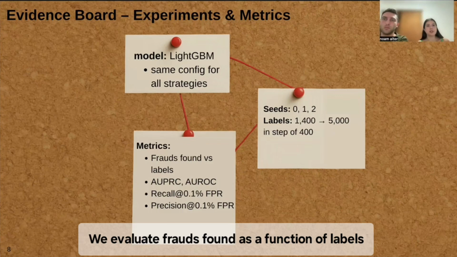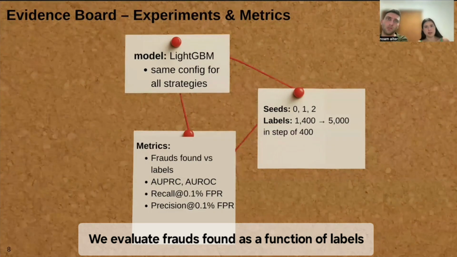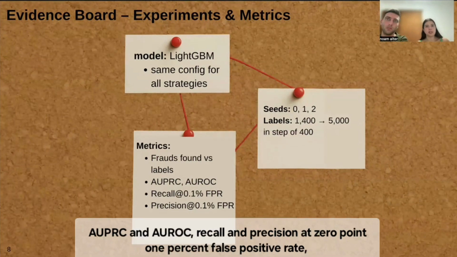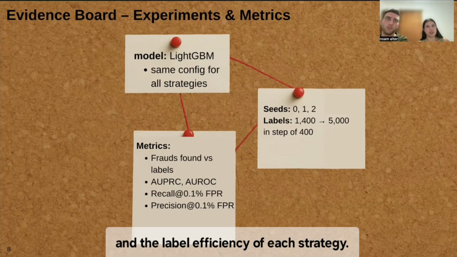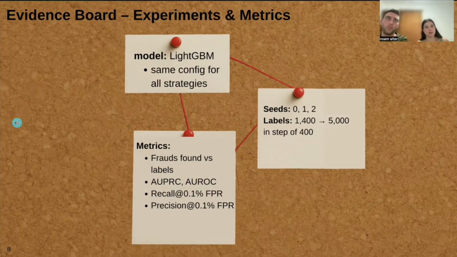We evaluate our detectives with fraud found as a function of labeled transactions, AUPRC and AUROC, and recall and precision at 0.1% false positive rate. This lets us compare both the final performance and the label efficiency of each strategy.